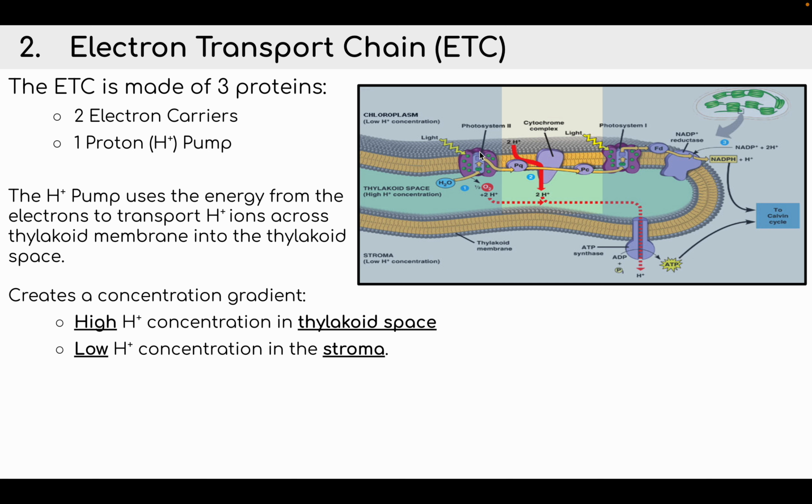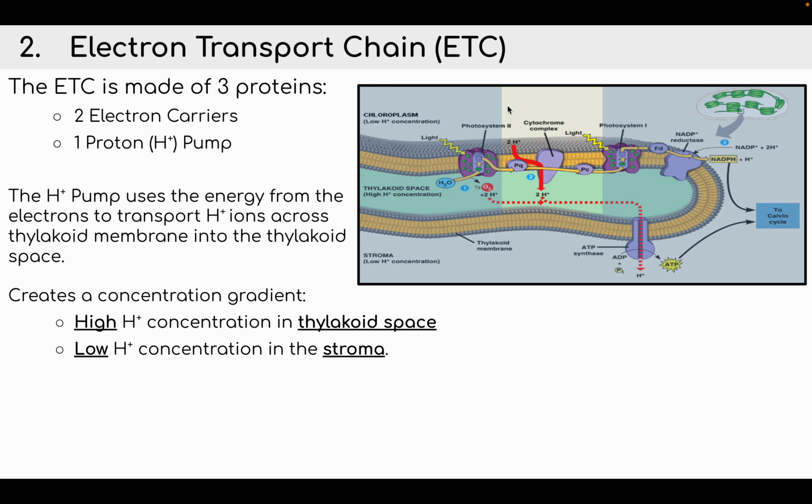But what these do is that as the electrons move from one electron carrier to another to photosystem 1, they lose their energy, but that energy is used to bring protons from the stroma to the thylakoid space.